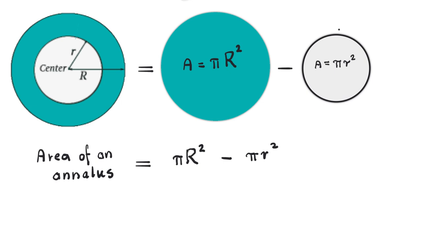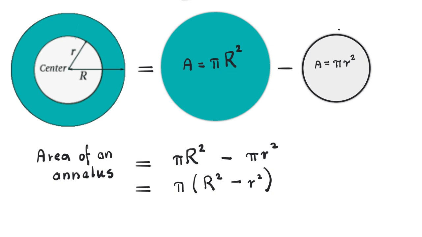Now we should factorize this so that it'll look like pi outside, and then in the brackets we'll put R squared, take away little r squared. Now that is really fantastic because this looks like a difference of two squares rule, a very useful form to work with.